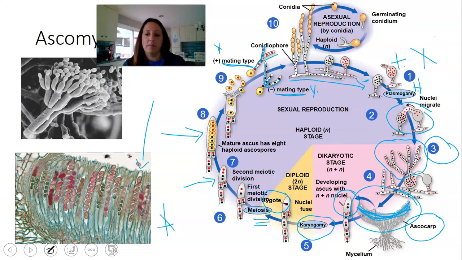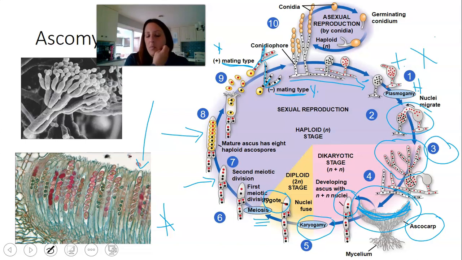And it's going to be different. There's actually 2 experiments in this one. But you're going to be counting, or I'm going to be counting and giving you data for how many asci have a 4-to-4 ratio or a 2-to-2 to 2-to-2 ratio. So we're going to be looking at color and pattern inside of these asci.